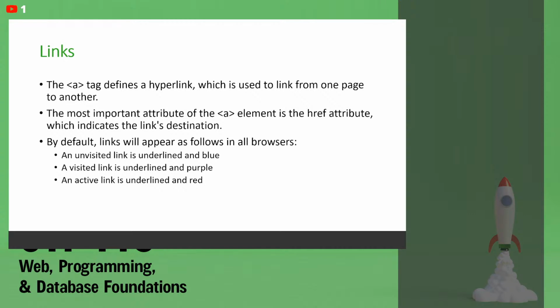And so by default, our links have some default styling. In future classes, and a little bit in this class when we start talking about CSS, we talk about how to style these links. But by default, an unvisited link, a link that you've never been to before, is underlined and blue in color.